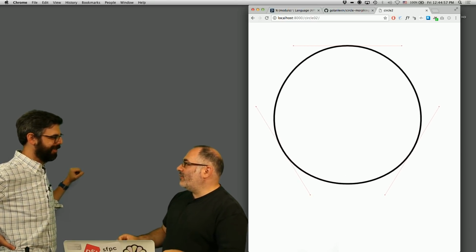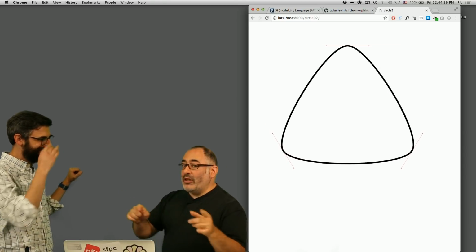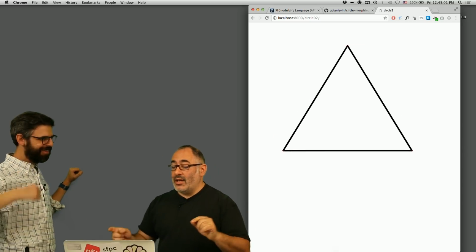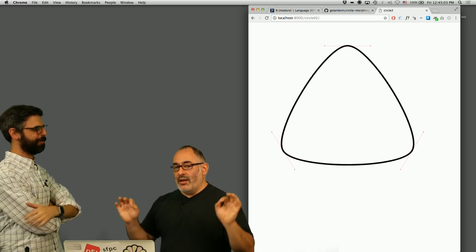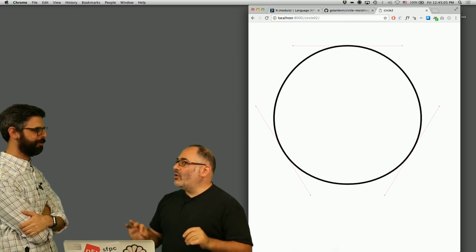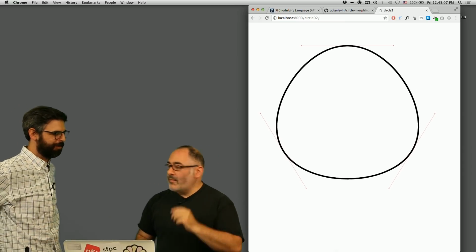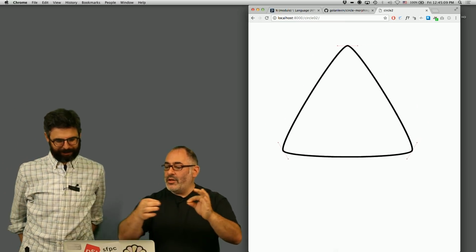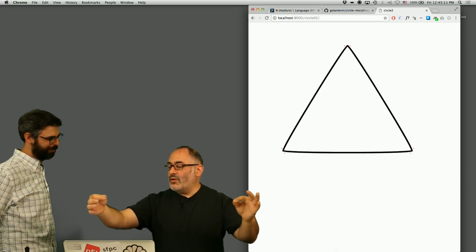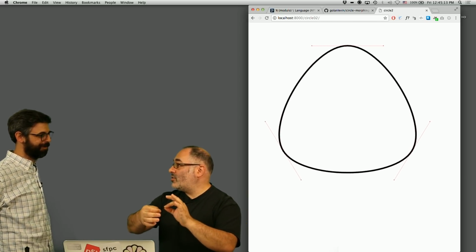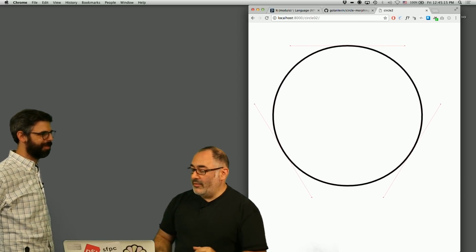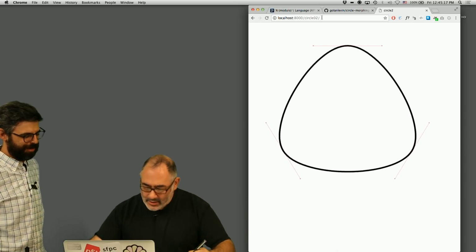Good enough for government work for a circle with Bezier curves. It's not a true circle, but it's 3 Beziers that with the magic control numbers look very close to a circle. And so here, what I'm doing is moving those control points until they're so close together that they essentially create a sharp vertex, and it's a triangle. All right. That's number 2.